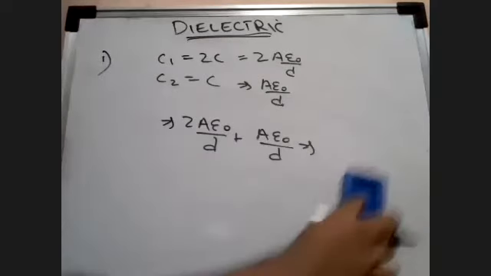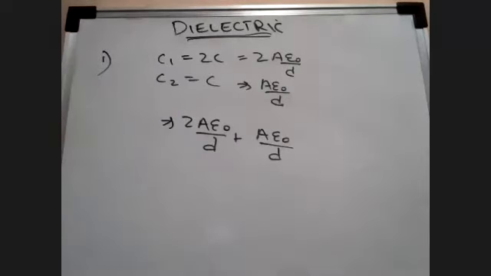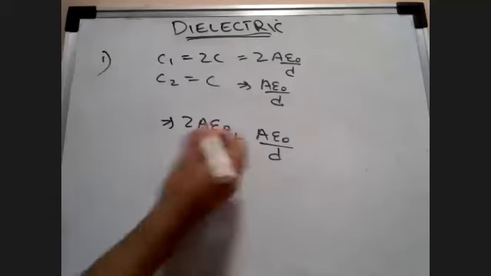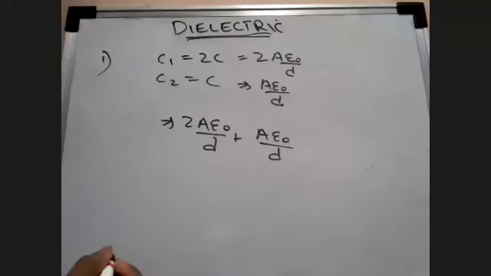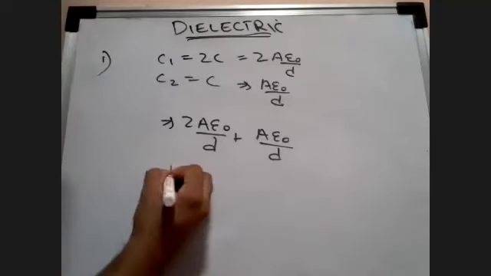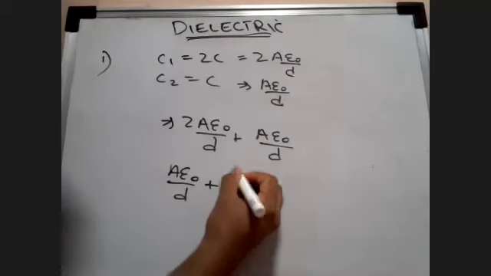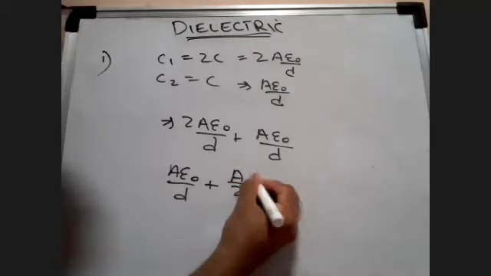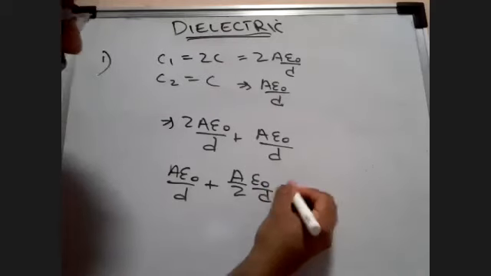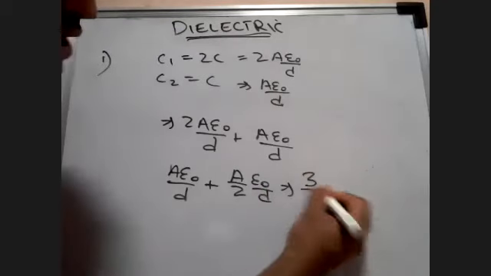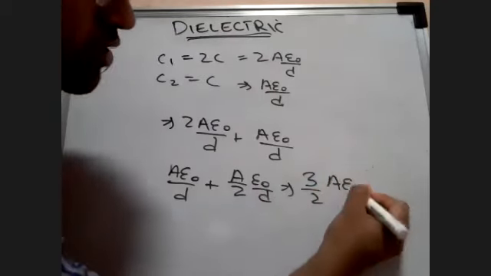Any answer? You get A epsilon naught by D, and you will get A by 2 epsilon naught by D. This is going to fetch you a result of 3 by 2 A epsilon naught by D.